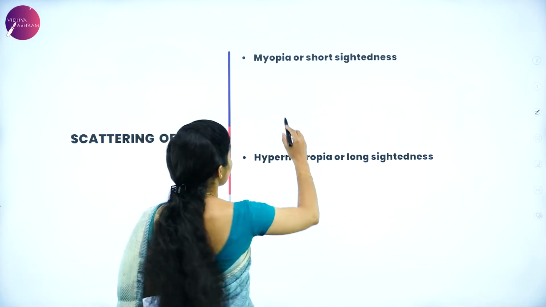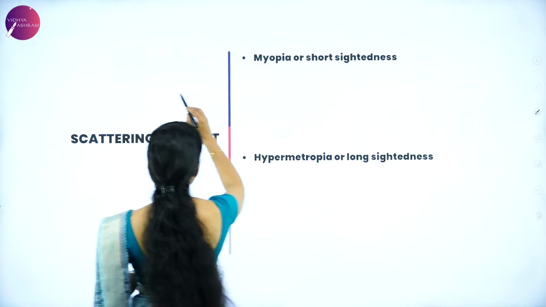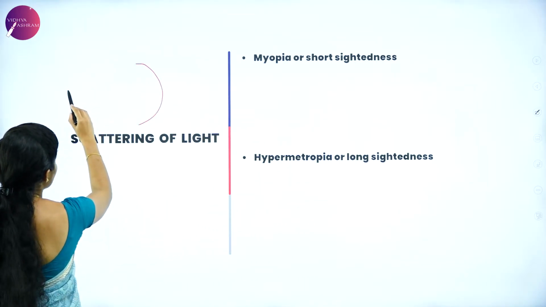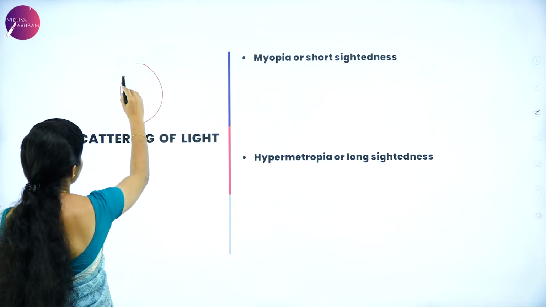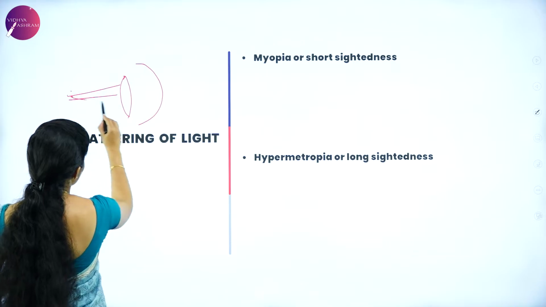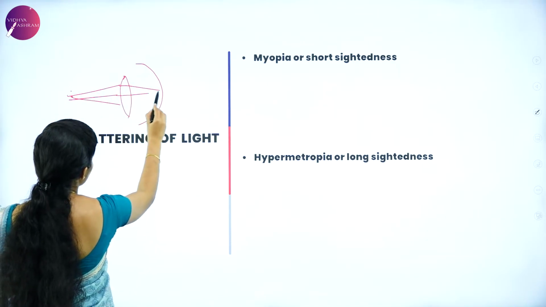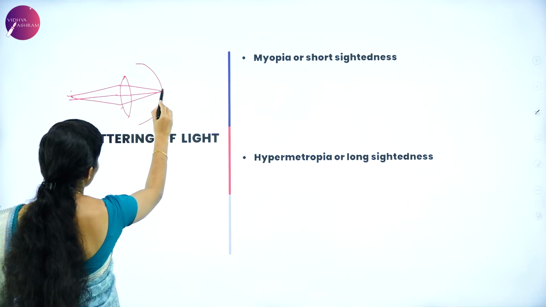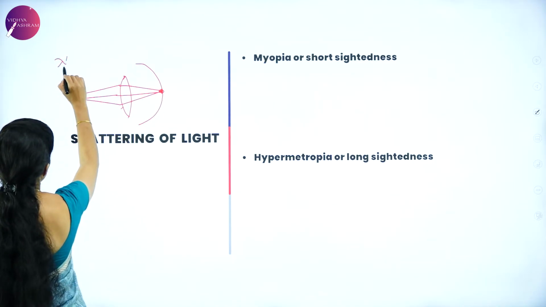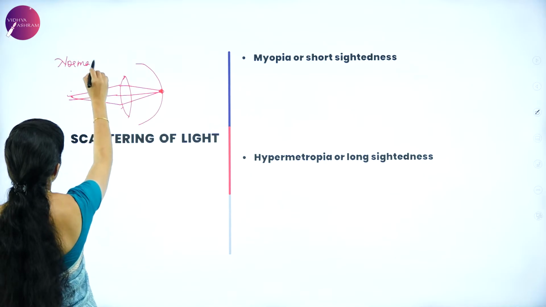For a normal eye, this is the eye lens, and whichever light comes from here will clearly fall onto the retina. It falls onto the retina over here, because of which it is visible. So this is a normal eye.